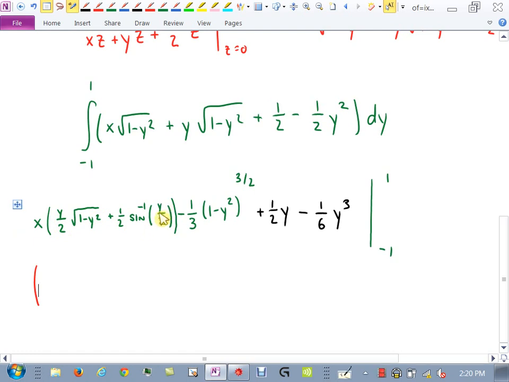If I plug 1 in right here, I get 1/2. What's arc sine of 1/2? Pi over 6 times 1/2 is pi over 12. Okay, so I should get the x in front times pi over 12. Y'all follow what I did there?